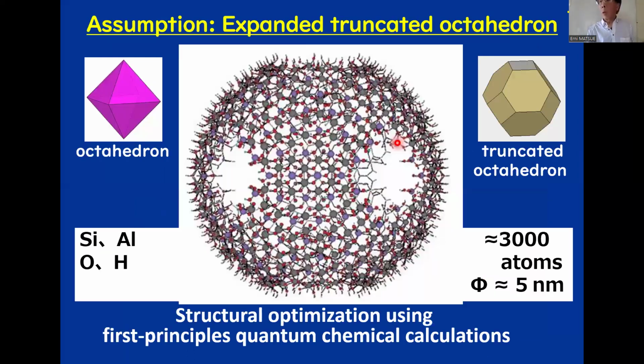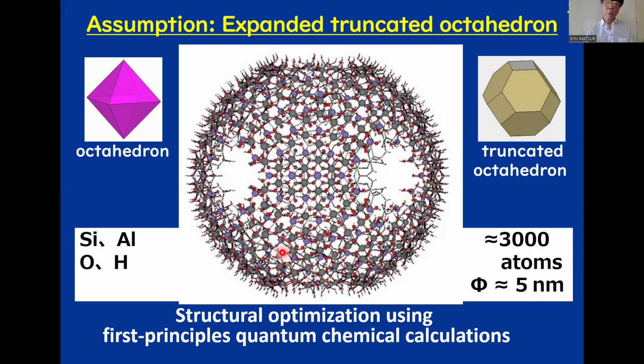Then I assumed an expanded truncated octahedron. This is an octahedron. This is a truncated octahedron. And by expanding this, it becomes a ball, a hollow sphere. So this is the allophane whole structure.